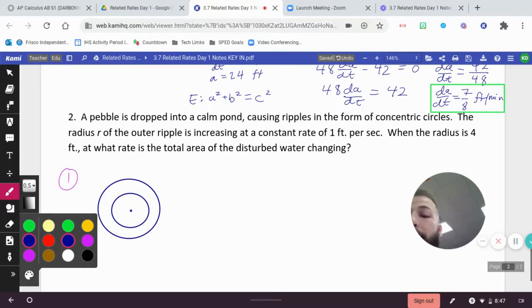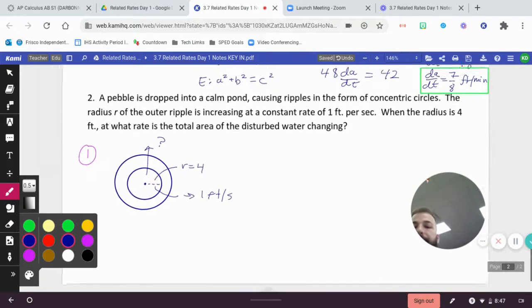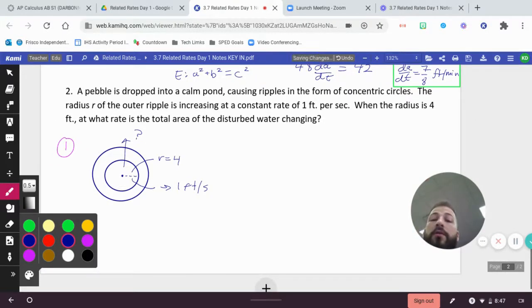This radius right here is increasing at a rate of 1 feet per second. Then we want to know specifically when r is equal to 4. At what rate is the total area of the water changing? Any other information? No.